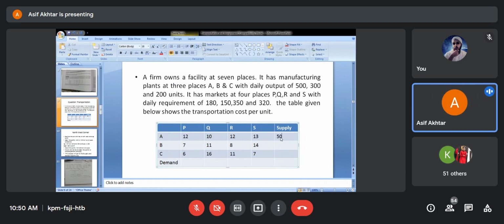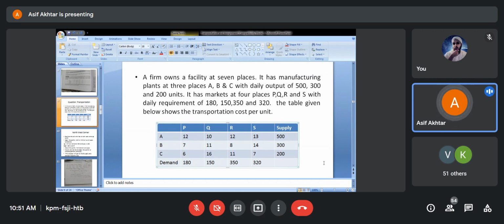A, how much? 500, 300, and then 200. What shall I write here? 100. So 180. 150. Then 350 and 320. This is the complete information.